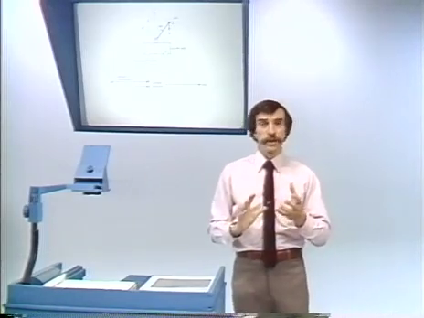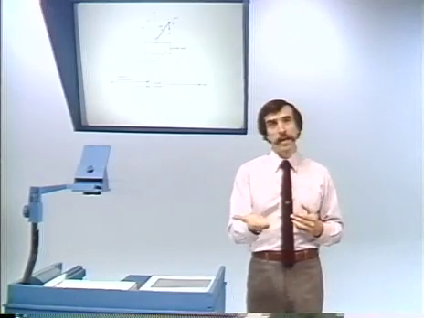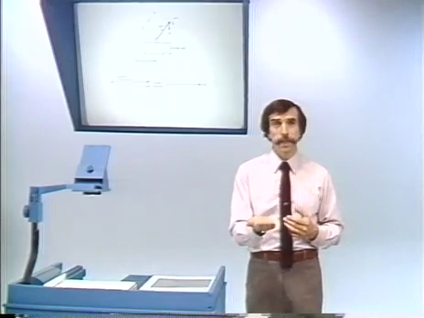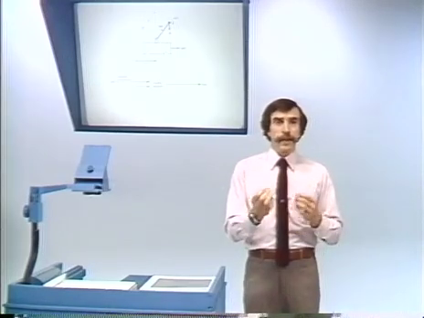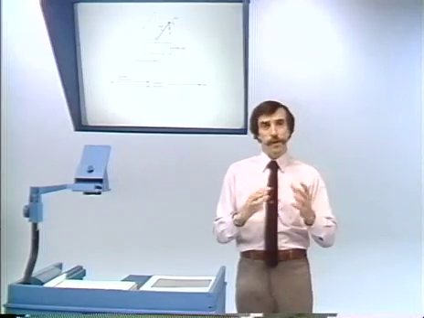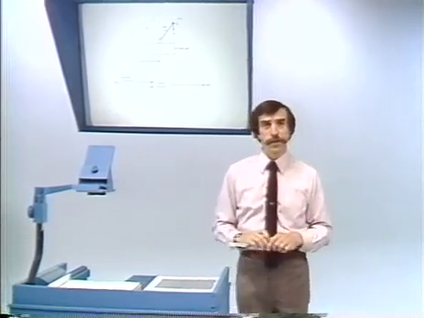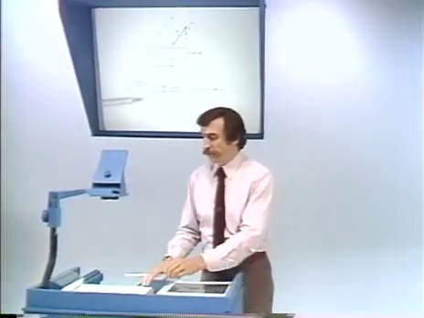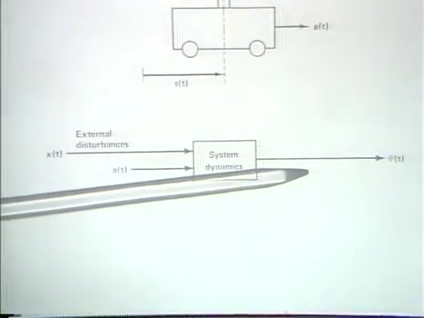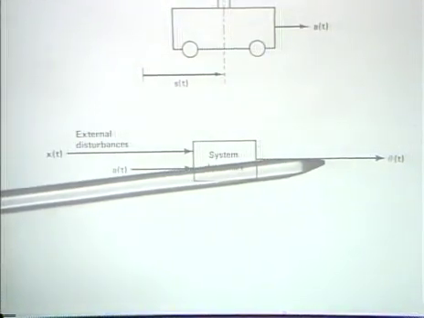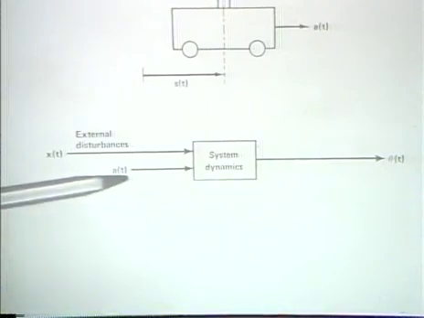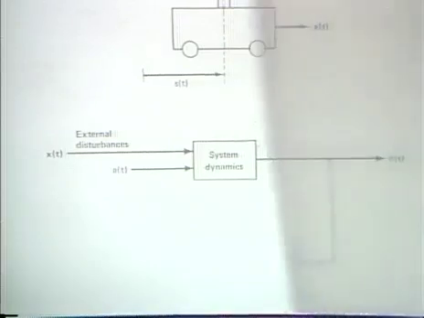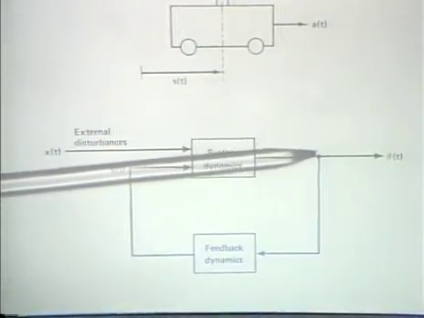But just as it's basically impossible to balance a broom in the palm of your hand with your eyes closed, what is very hard to ascertain in advance are what the various dynamics and disturbances are. And so more typically, what you would think of doing is measuring the output angle and then using that measurement to somehow influence the applied acceleration or force, and that then is an example of a feedback system.